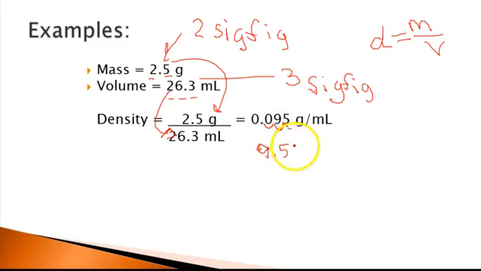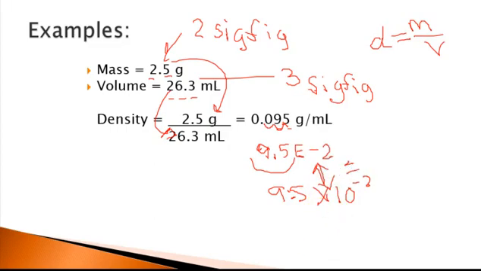So that would be to the negative 2. E negative 2 is another way to see that you have two significant figures. That's 9.5 times 10 to the negative 2. This and this are the same. Those two things are saying the same thing. So E negative 2 and times 10 to the negative 2 is the same.